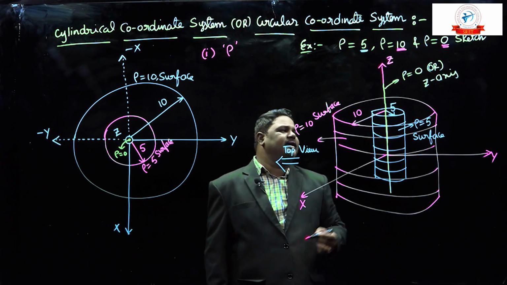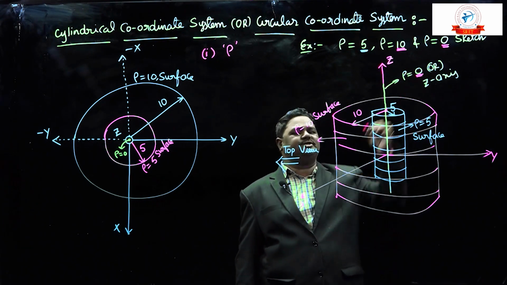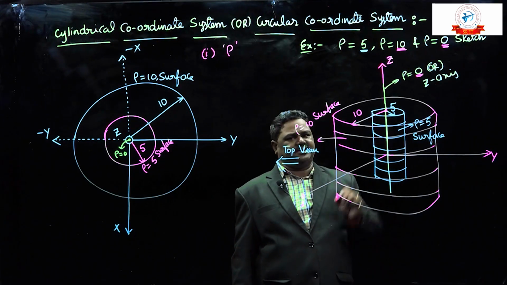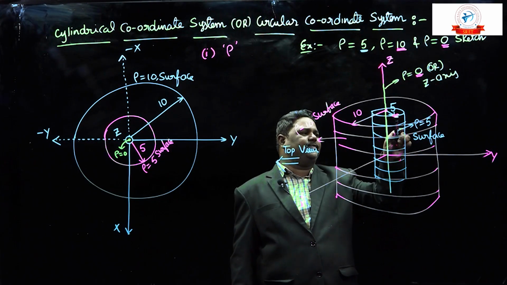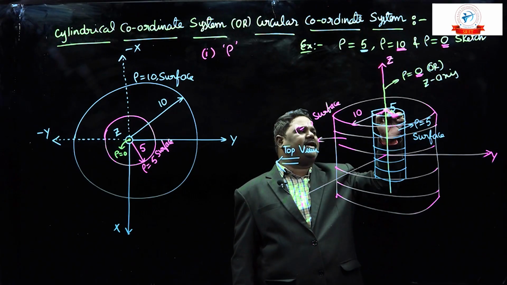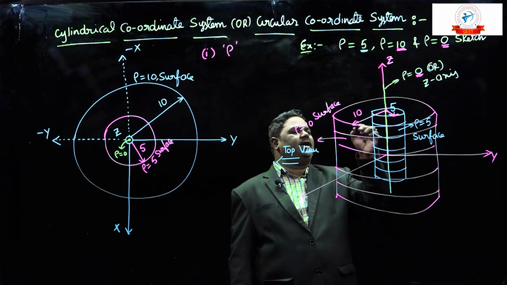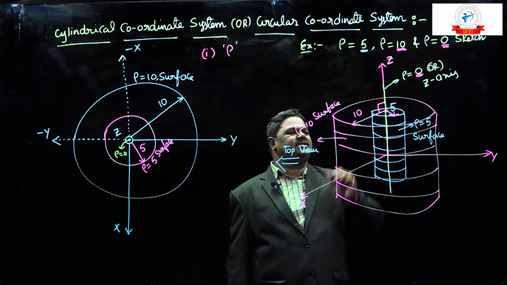You see here, exactly on the z-axis, the rho value is equal to 0, no distance from the z-axis. Rho is equal to 5 is 5 units from the z-axis, and rho is equal to 10 indicates 10 units away from the z-axis.